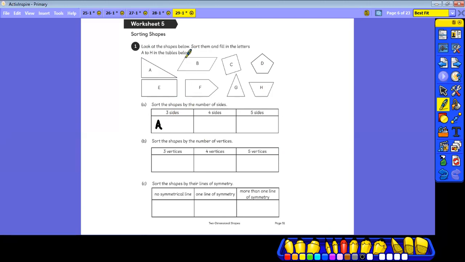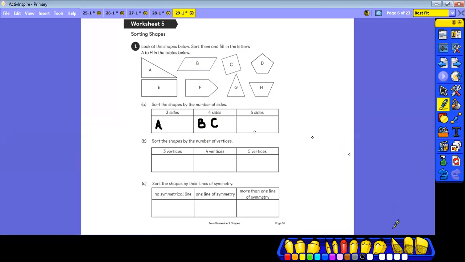Look at shape B. How many sides? 1, 2, 3, 4. So shape B would go in this box. Shape C, sides, remember, we're sorting according to sides. 1, 2, 3, 4. So shape C would also go in a second box for the 4-sided shapes.